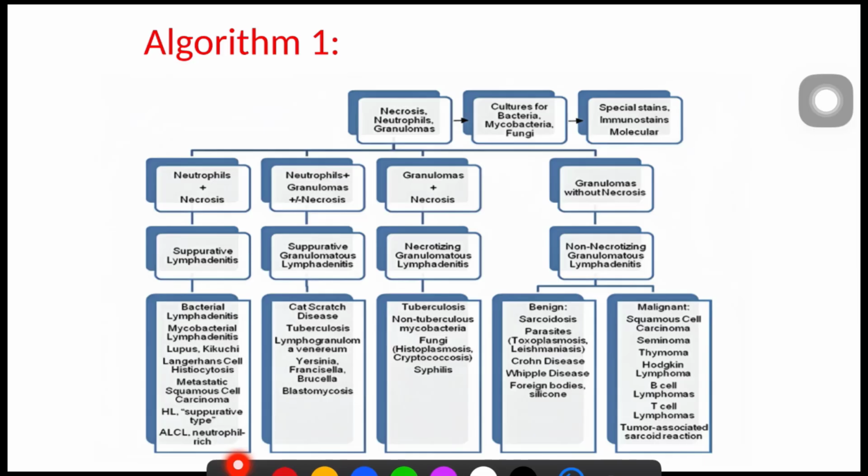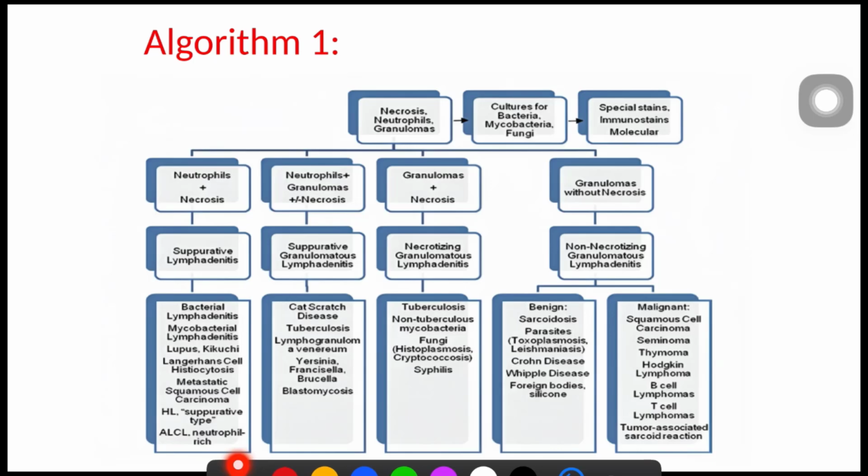So in algorithm pattern 1, when you find necrosis, neutrophils or granulomas, the ancillary techniques are culture and special stains. If neutrophils and necrosis are present, it is suppurative lymphadenitis, and these are the differential diagnoses based on this feature.